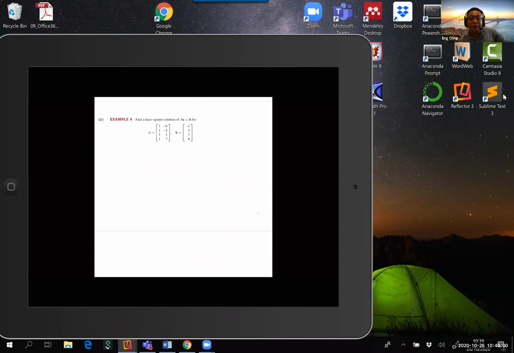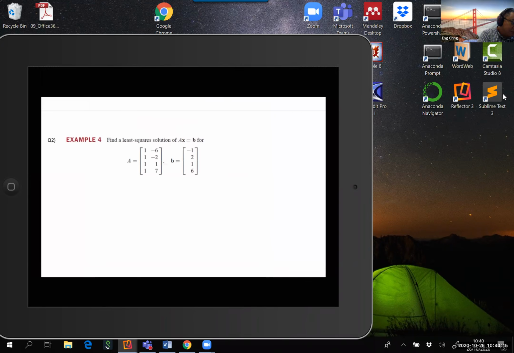The second question is a bit more, can say, easy, which is interesting because you look at this question and you think that it's more difficult because you have a 4 by 2 equation and you have a 4 by 1.